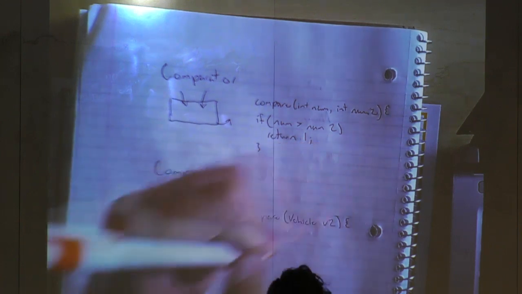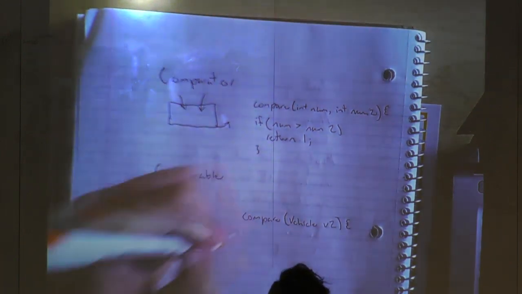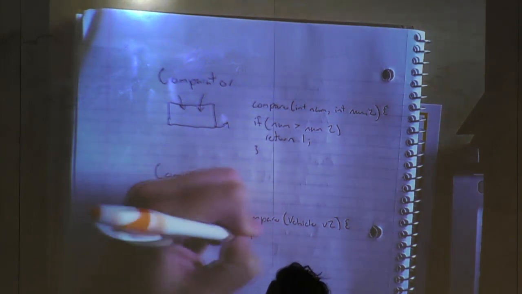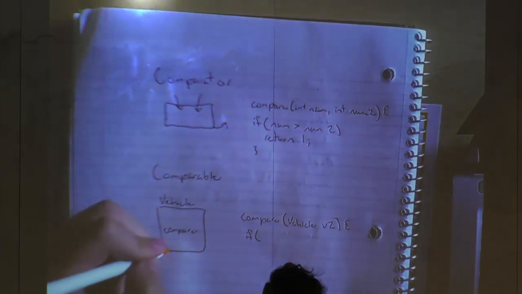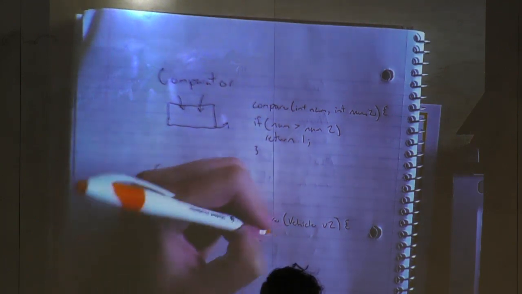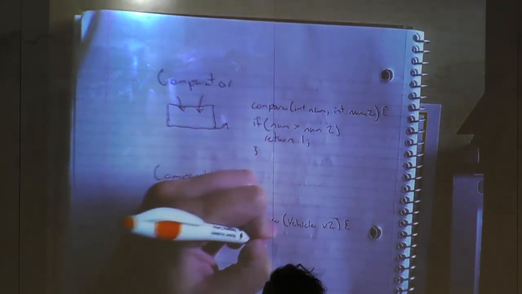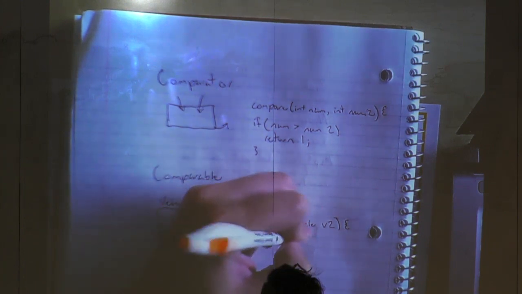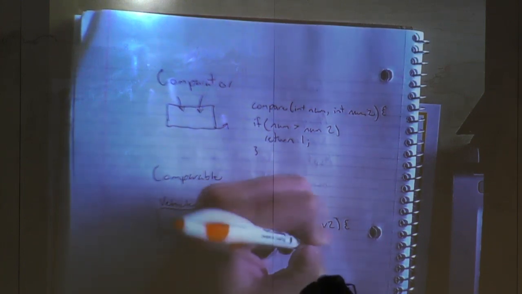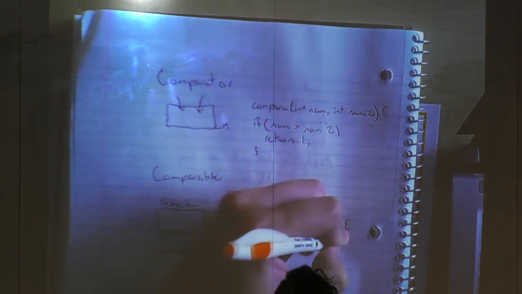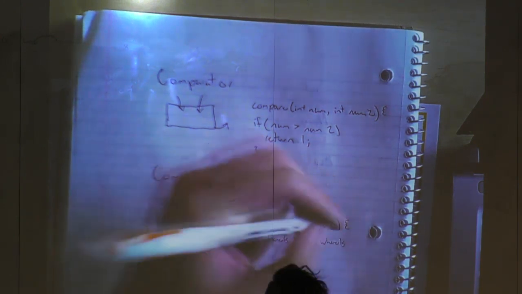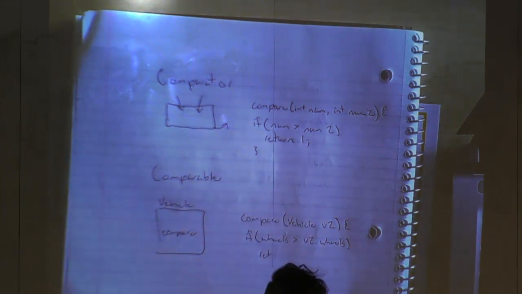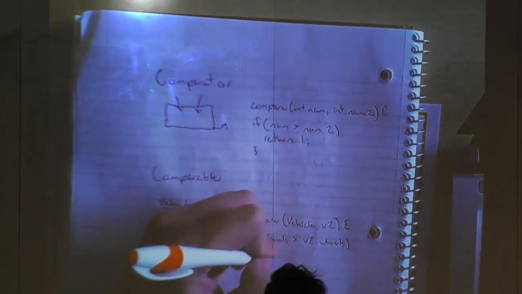And it will compare the number of wheels inside of the current instance of the class against the number of wheels that exist in the outside instance of the object that you're comparing it against.